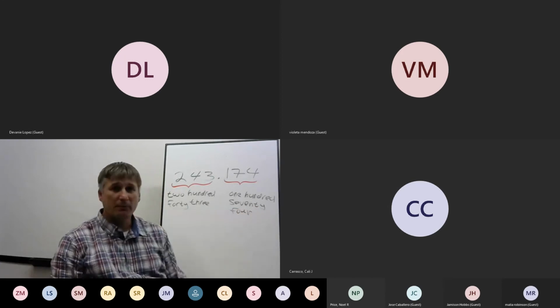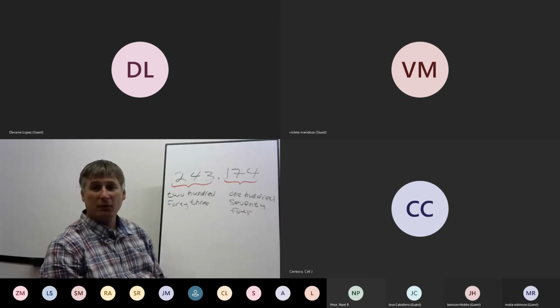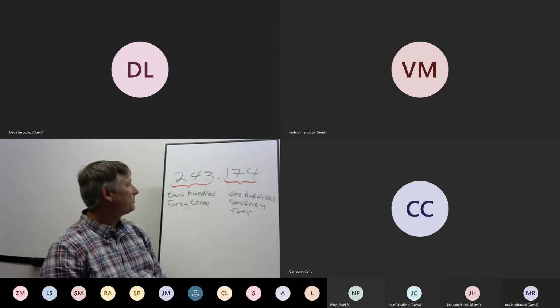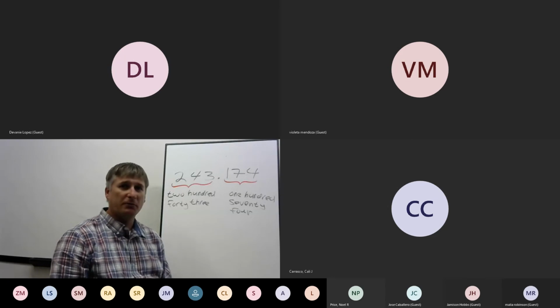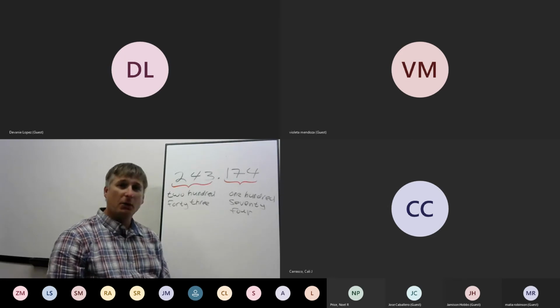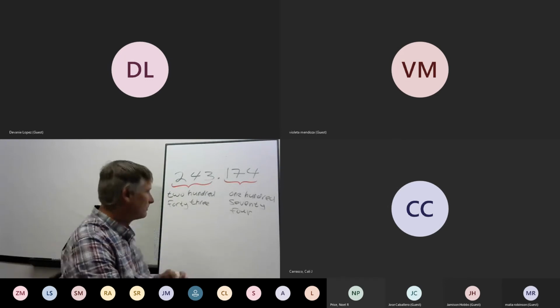So we have these two numbers, 243, 174. Basically what we're going to do is name this number. We're going to add a couple extra pieces though.